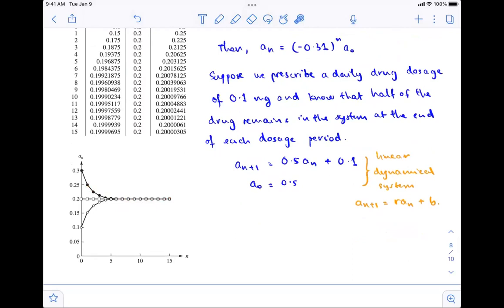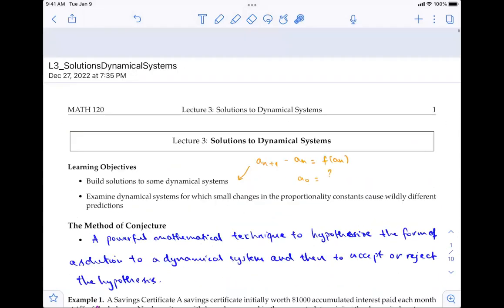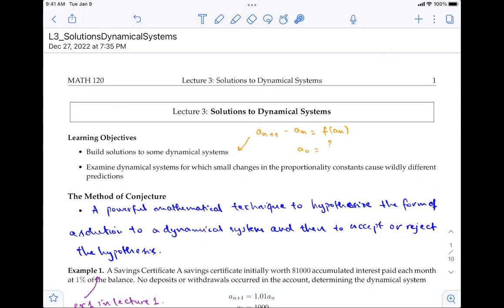Okay. So that's it for me for this particular lecture. In this lecture, we looked at the solution for dynamical systems, right? Dynamical system consists of two parts: the difference equation, and the initial value.